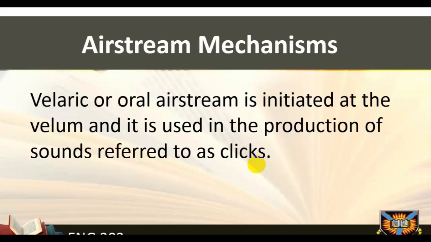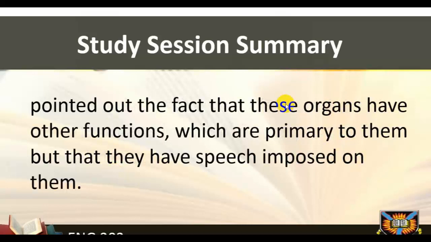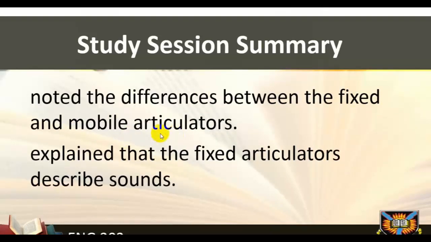Study section summary. In this study section, we discussed the various organs involved in the production of English sounds. We pointed out the fact that these organs have other functions, which are primary to them, but that they have speech imposed on them. We noted the differences between the fixed and mobile articulators.